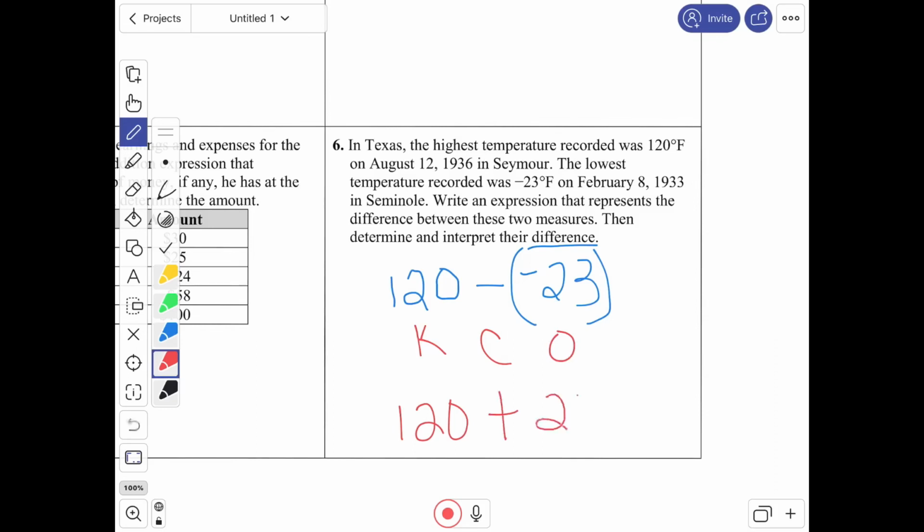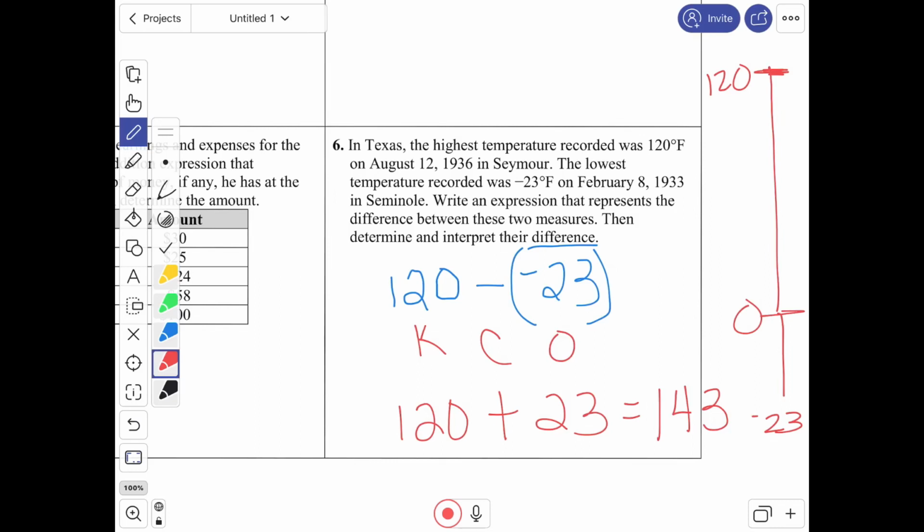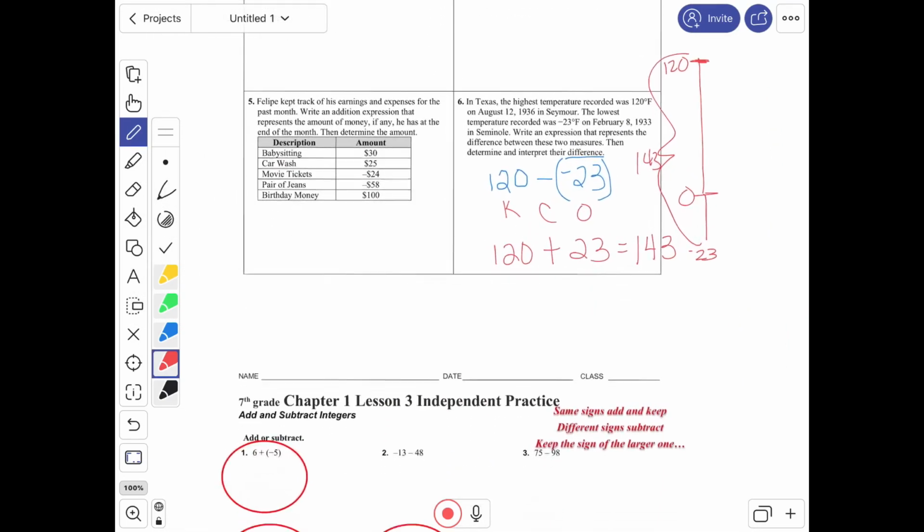So we're keeping 120, changing to addition, and that becomes a positive 23. And positive 120 plus positive 23 equals 143 degrees difference. So if you think about the thermometer, it was way up here for 120 and way down here for a negative 23. So if we go the distance in between, that's 143 degrees.